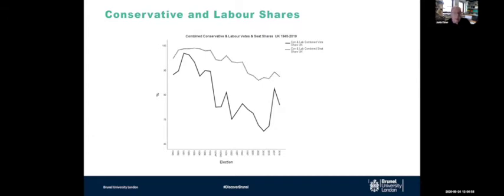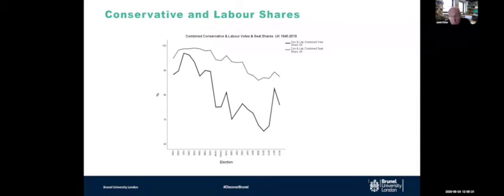Now what you can see is that the share of the vote was clearly declining fairly substantially. So if we go back, for example, to 1951, we see that over 95% of all voters voted either Conservative or Labour. If we then look at 2010, that has declined to only around 64 or 65%.